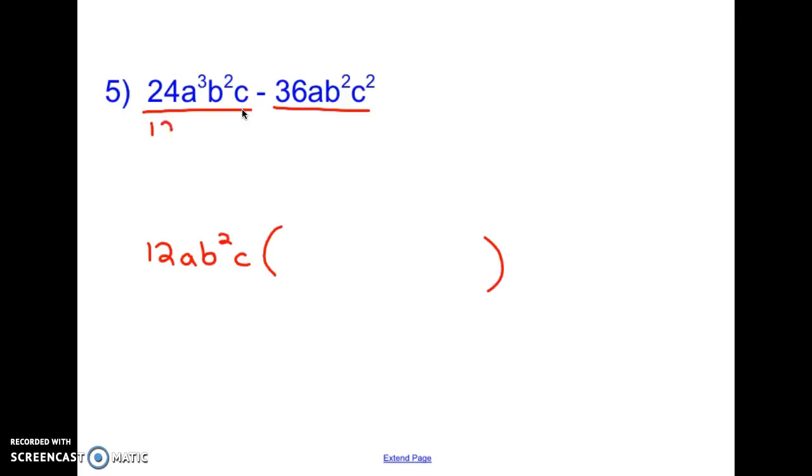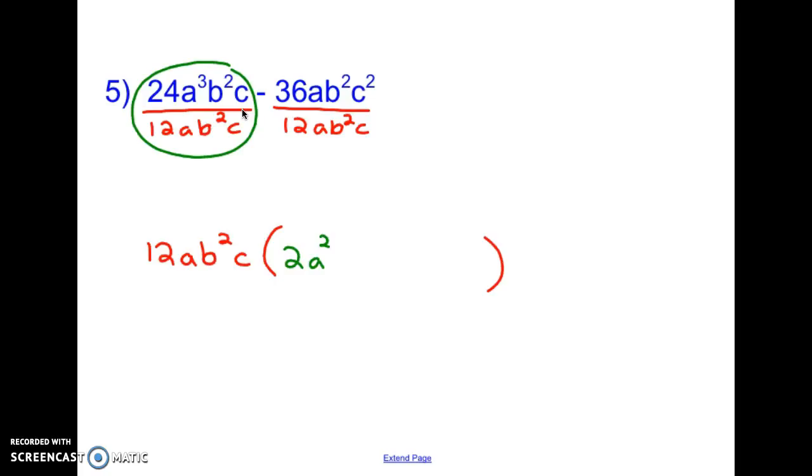So what I'm going to do is simply divide each of these by my greatest common factor. I'm going to write that underneath. When I divide each of those by that, in the first term right here, let me just circle it, 24 divided by 12 is 2. A cubed over a, one of the a's cancels out, so you're just left with an a squared.